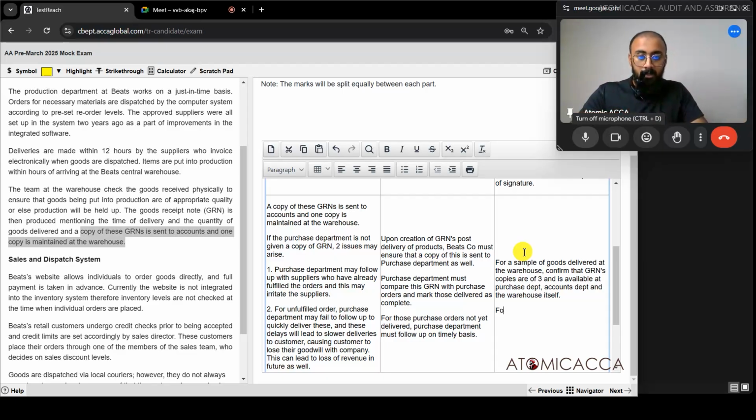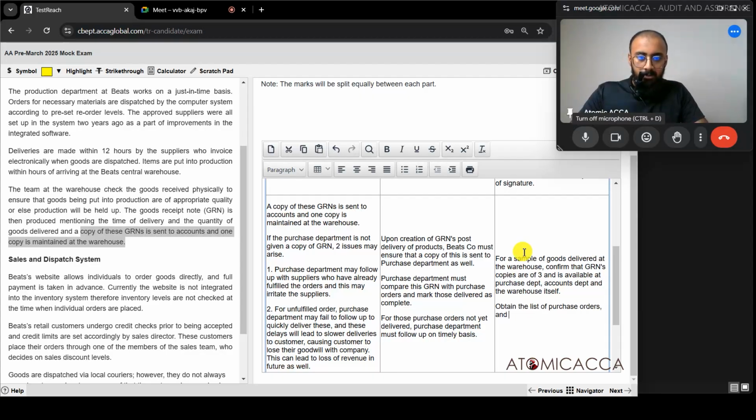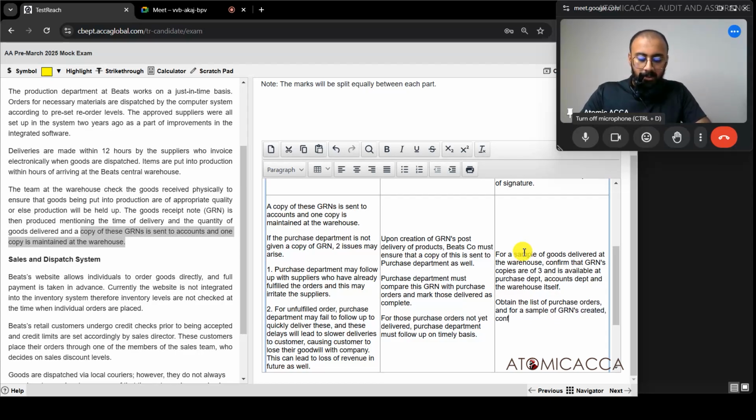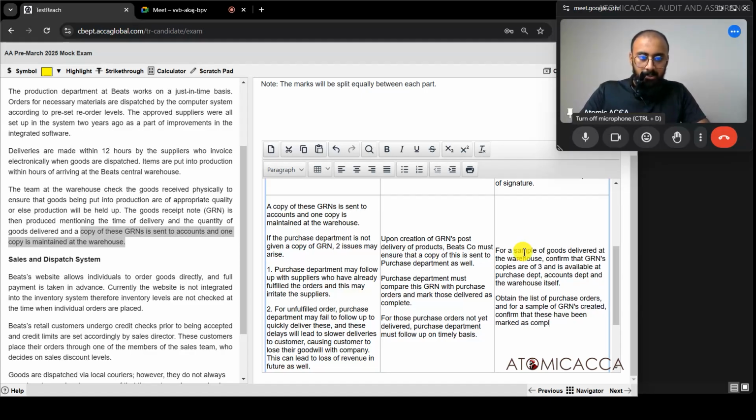So obtain the list of purchase orders, and for a sample of GRN created, confirm that these have been marked as complete.